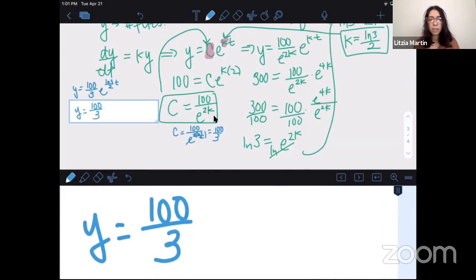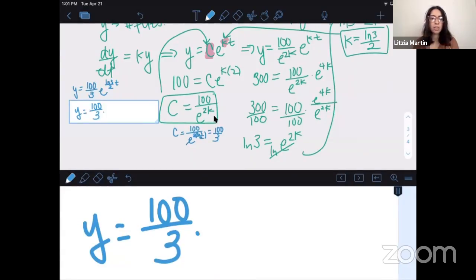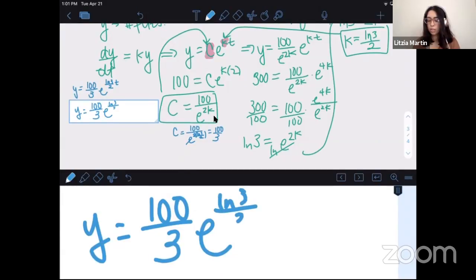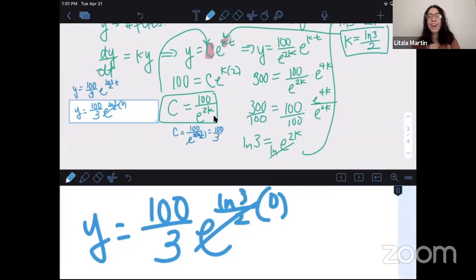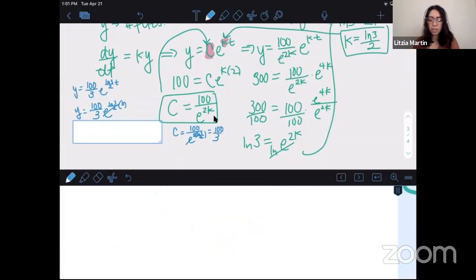So the initial population is actually just that c value, because when t is equal to 0, this becomes 1. So the c value is always going to be that initial population.